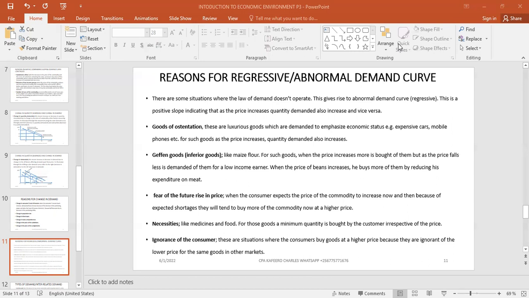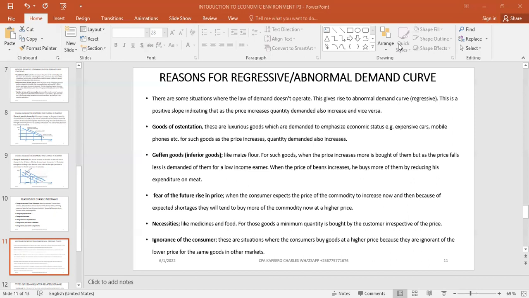The reason they are doing it is because they expect the price to increase further. So when the price is high now and they are expecting it to increase further, they tend to buy more items at the prevailing high prices because they fear buying those goods when the price is higher.